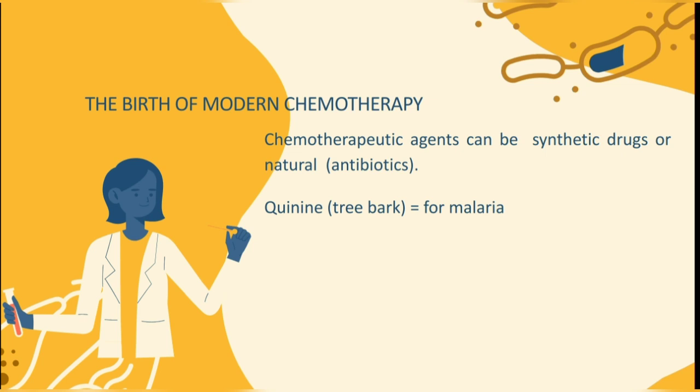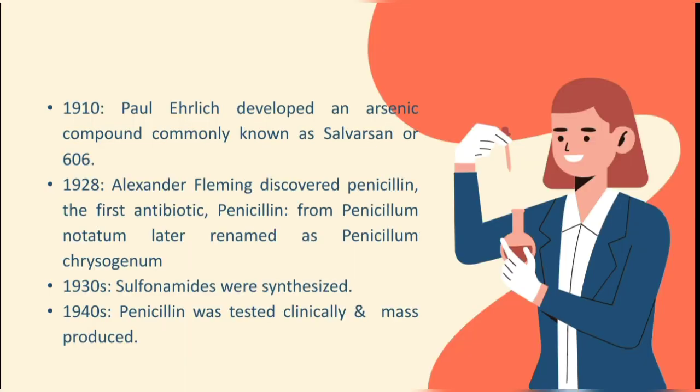in the body. Many different chemotherapy drugs are available, such as quinine. It came from a tree bark, so it is used for treating malaria. Paul Ehrlich was the imaginative thinker who fired the first shot in the chemotherapy revolution.